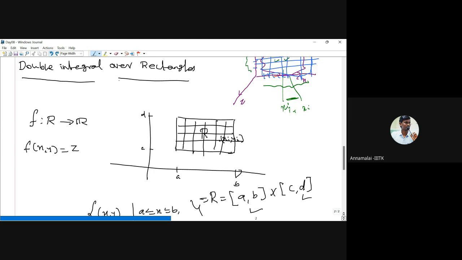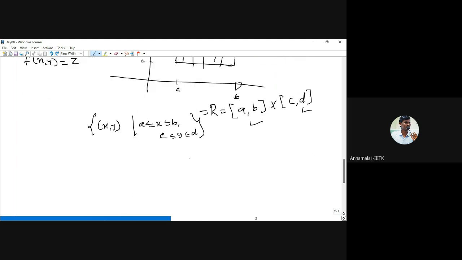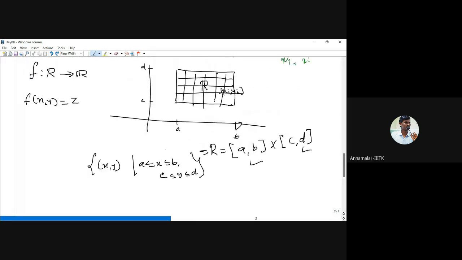Maybe I can write the formal definition. Suppose I pick this portion as A, or A1, or something. You can call the name of this portion anything, A1, A2.